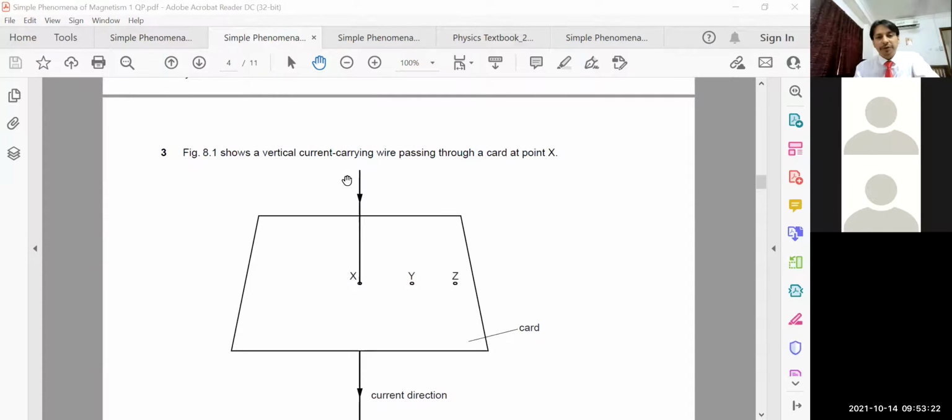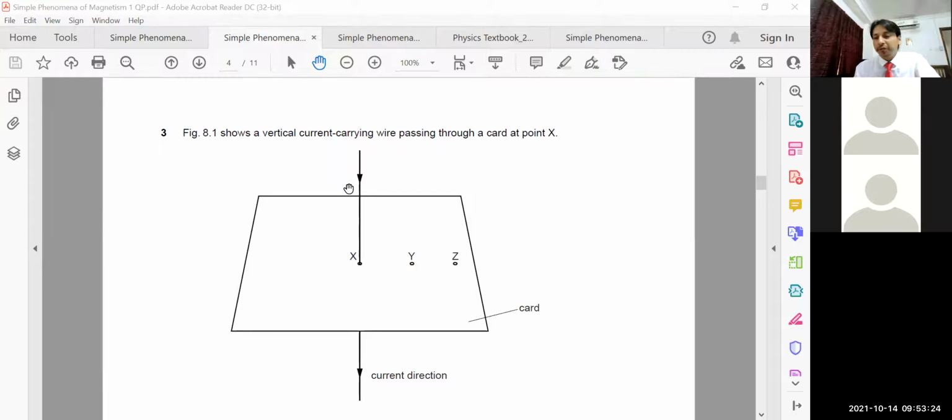I want to discuss also, children, then the remaining questions I will give you so that you can practice by yourself. Question number 3. And here a vertical current carrying wire passing through a card at X. It's the same as question number 1, children.